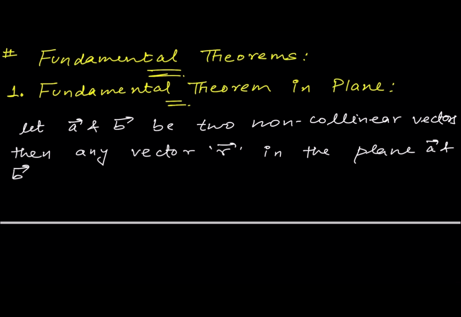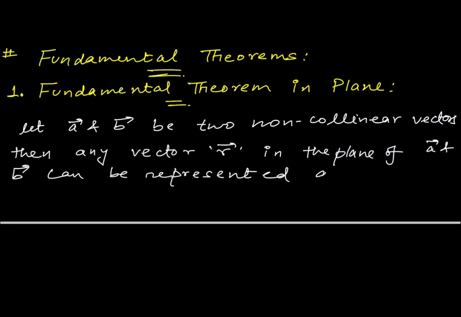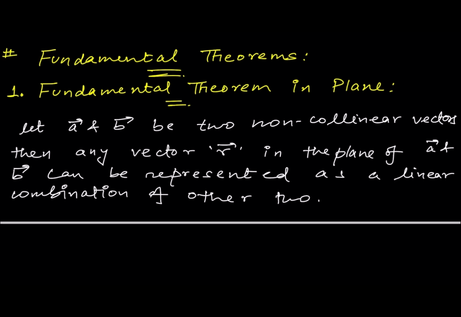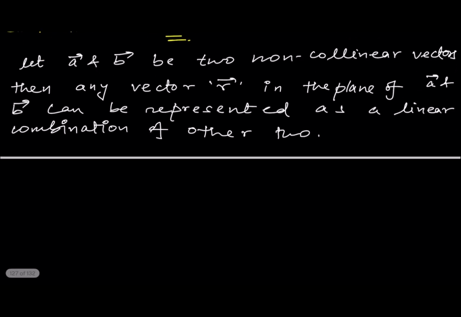Any vector R in the plane of A and B can be represented as a linear combination of other two, right? That is R vector is equal to XA vector plus YB vector.